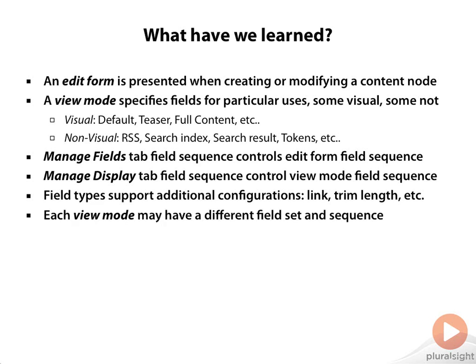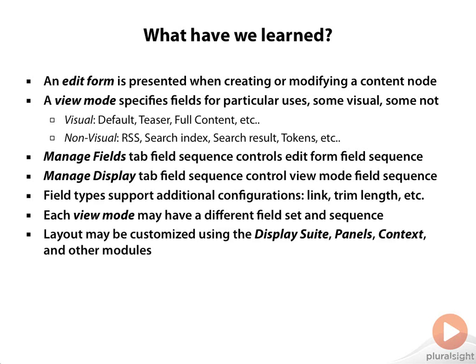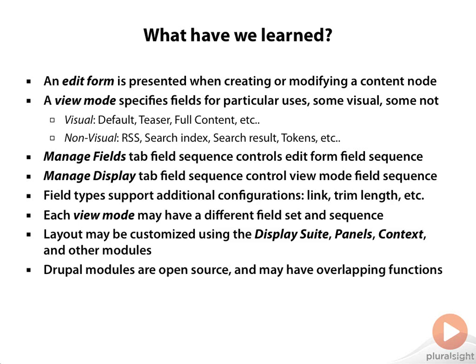We saw that each view mode might have its own distinct field set and sequence, and beyond that, we looked at the Display Suite module and mentioned the Panels and Context modules as different approaches to customizing layout to multi-column formats, as well as adding in additional fields we didn't previously have access to and controlling their configuration and layout.